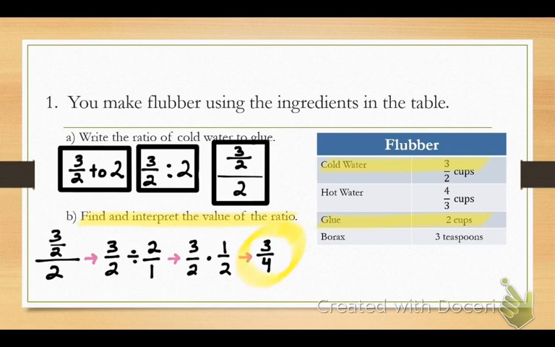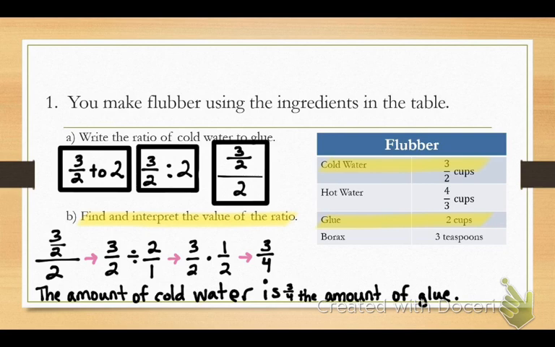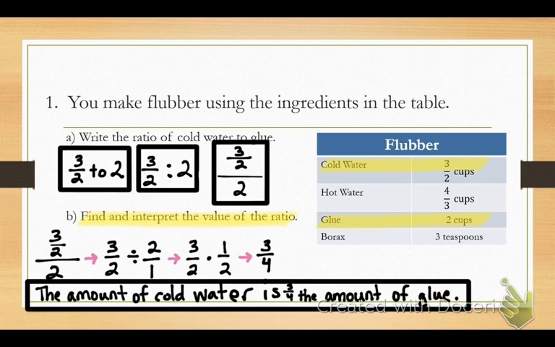That's what that 3/4 right there means. So we're going to go ahead and write this down. Once again, it's asking us to interpret the value of the ratio, and when we got that 3/4, we understood that the amount of cold water is 3/4 the amount of glue that I have in that recipe.